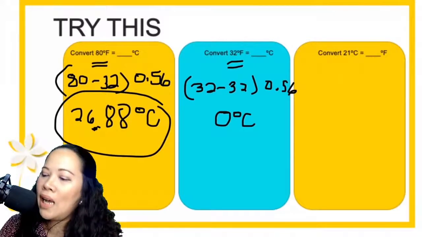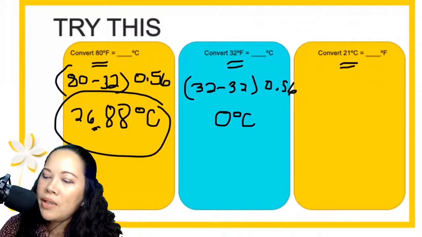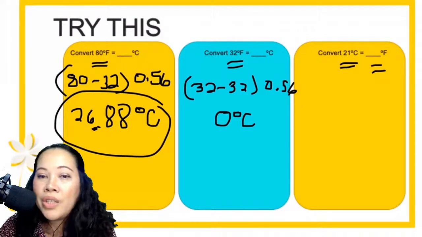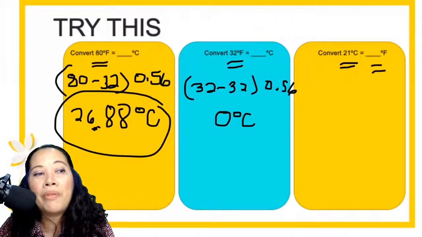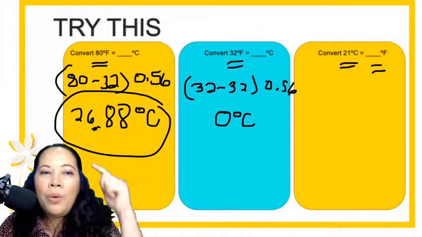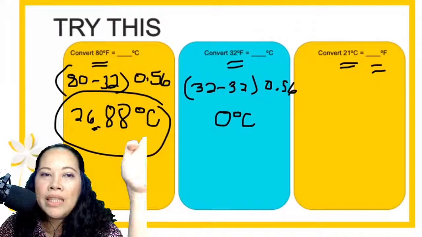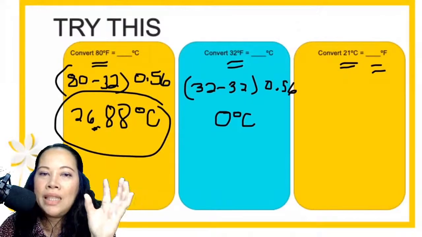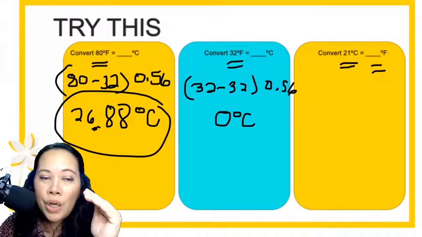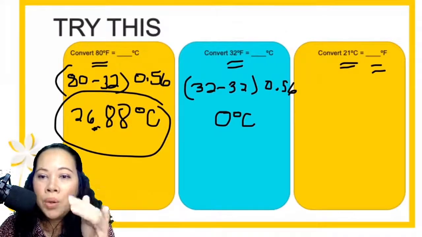Okay, and then the last one, we have 21 degrees Celsius to degrees Fahrenheit. So the conversion is the other way around. Always remember that the value of Fahrenheit is greater than degrees Celsius for the equivalent temperature, hotness or coldness.